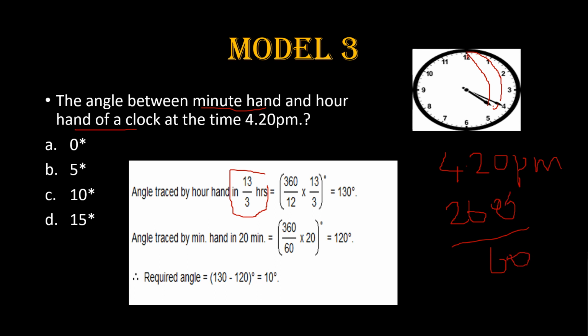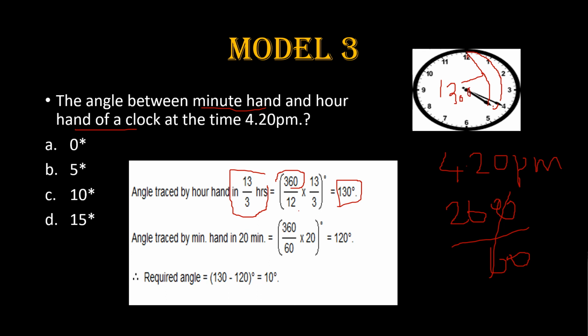So by solving this you will get 13/3 hours. So this is again, for completing 360 degrees, the hour hand will take 12 hours, so that is 360 divided by 12. So solving this you will get 130 degrees for the hour hand.